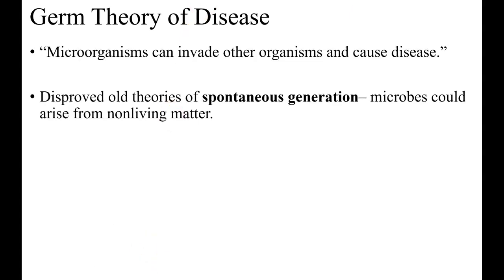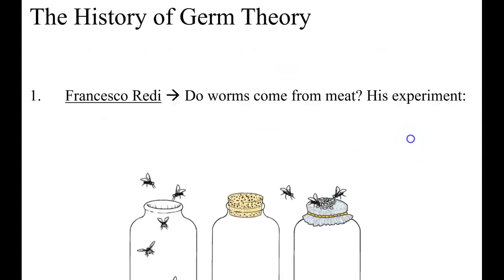And so what they found was that if they had some meat on a counter, and they knew that meat was non-living because they had killed the animal, there were these little tiny wormies crawling on this meat. So they thought, well, apparently you can get living things from non-living things.